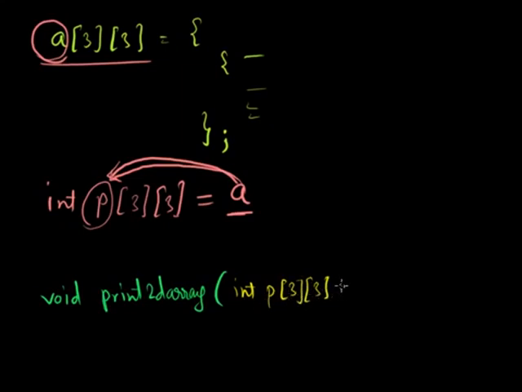Now I'm telling you that it accepts a 3 by 3 array. In fact, it will accept a pointer like this. It will only accept the base address and assign it to p. And we have int r as rows and int column as column, so that we know what our boundaries are for this array.